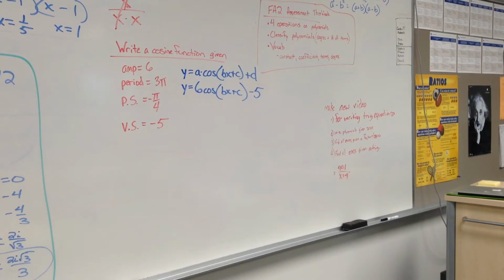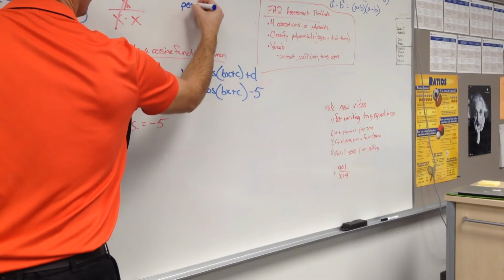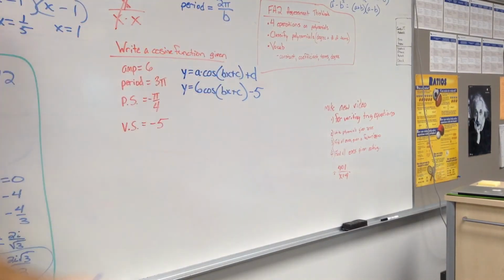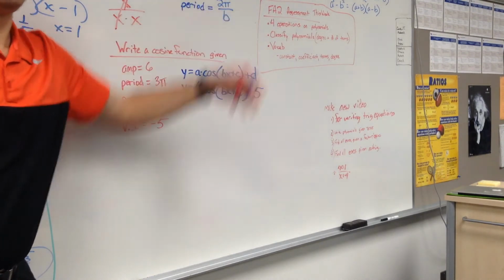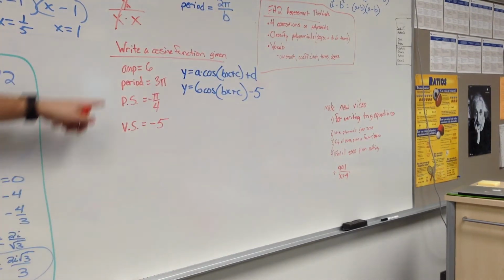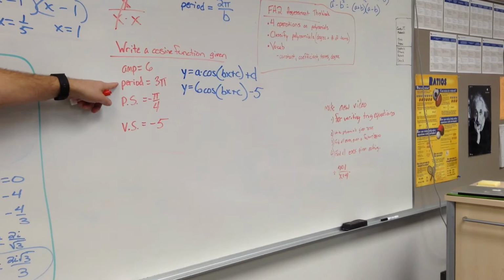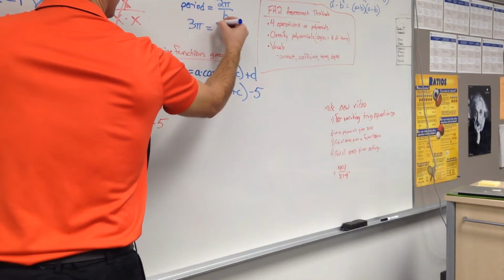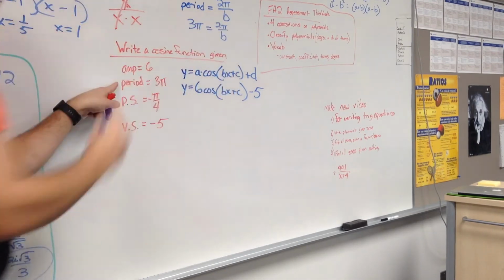Well, we're just working backwards. If we know the period has to be 3 pi, then plug 3 pi in for the period, and then solve that equation for b.